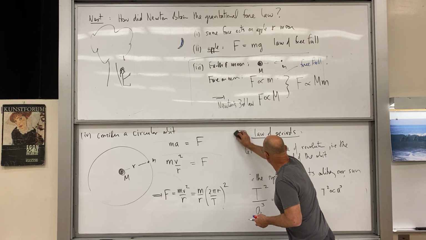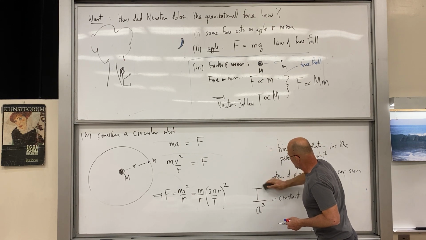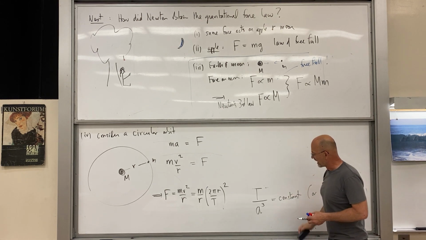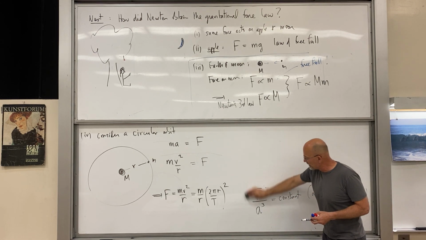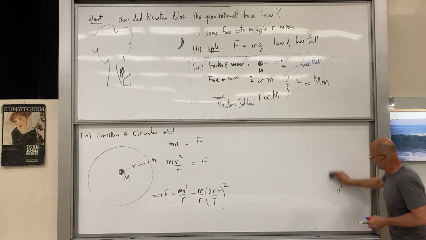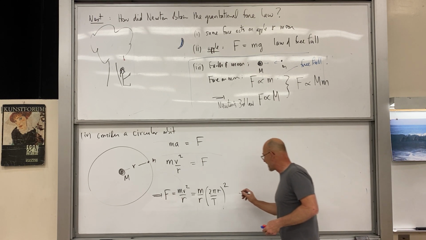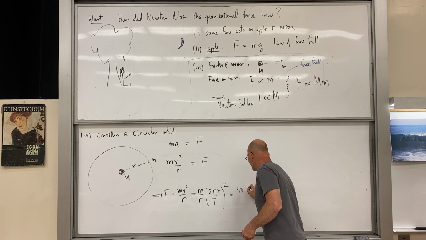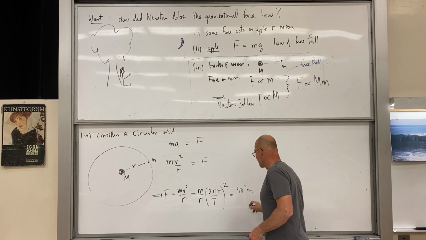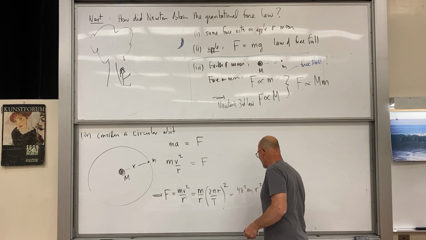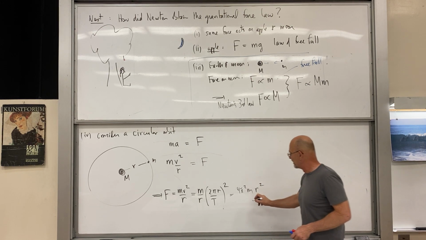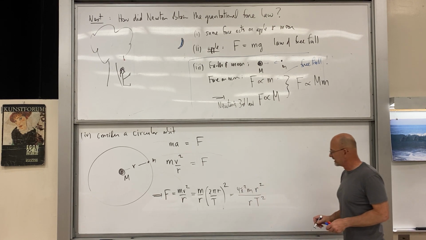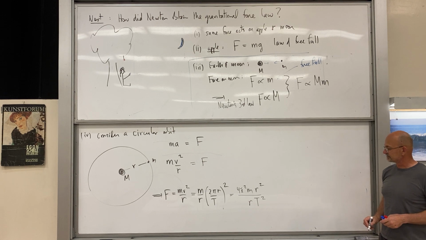and maybe a little more room here. Actually, I'm about to make use of this, but I'm going to erase it. So let's see what we have so far. We have 4 pi squared m, but we have r squared in the numerator and r T squared in the denominator.